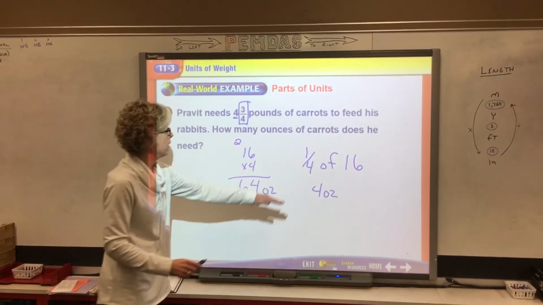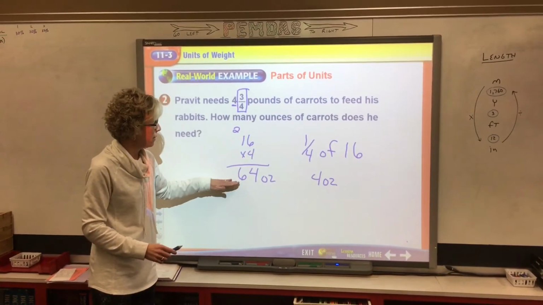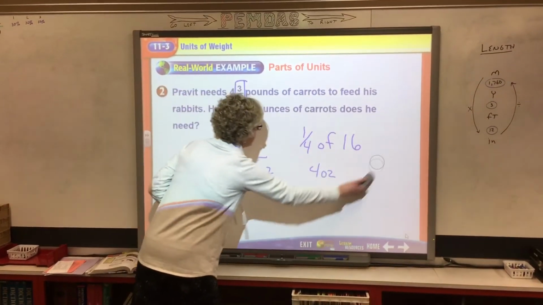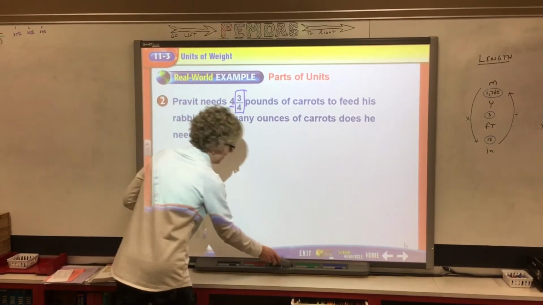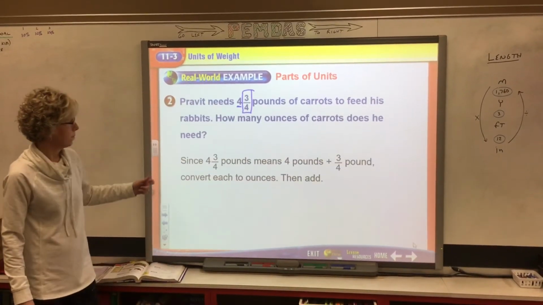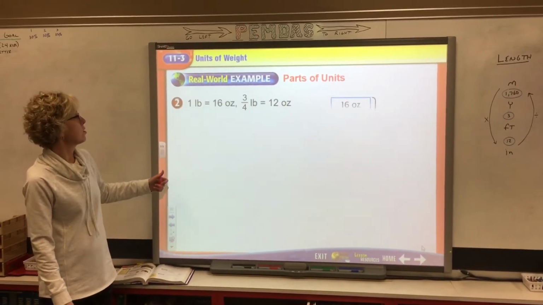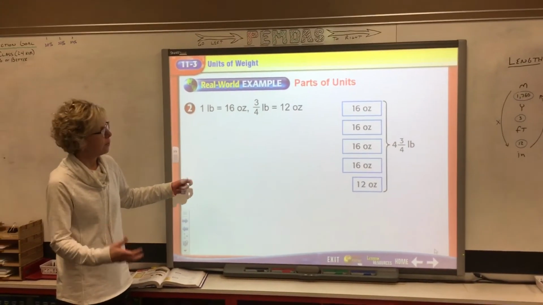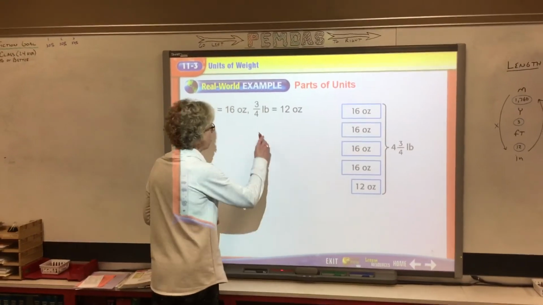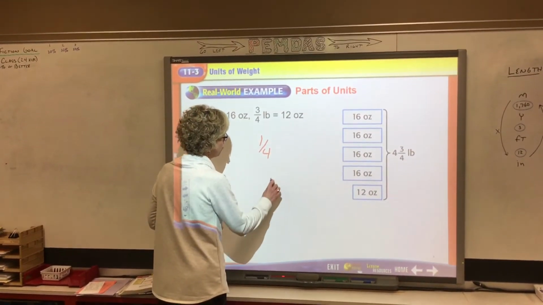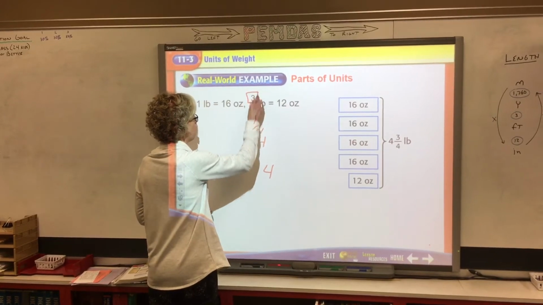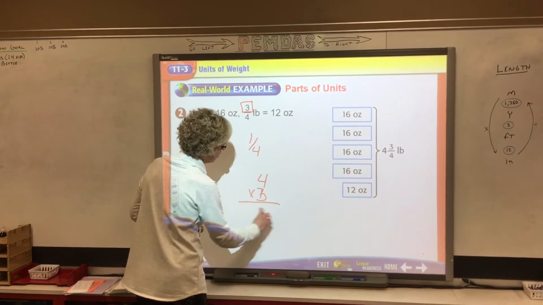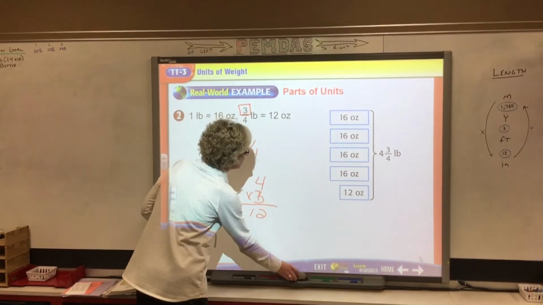Except we have 3/4, not 1/4, excuse me. So you have to multiply that 4 times 3, which would be 12. We figured out 1/4 of 16 was 4, and we've got 3 of them, so we multiply 4 times 3, and you would get 12, and add that onto the 64.